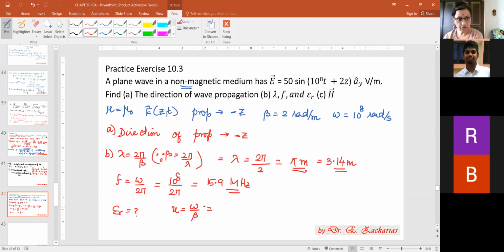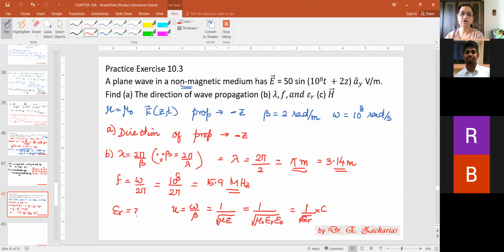But you also know that there is another expression for propagation speed, that is 1 by under root of mu epsilon, which you can write as 1 by under root of mu naught, and let epsilon be epsilon r into epsilon naught. So I will write it as 1 by under root of epsilon r into 1 by under root of mu naught epsilon naught, that is c.